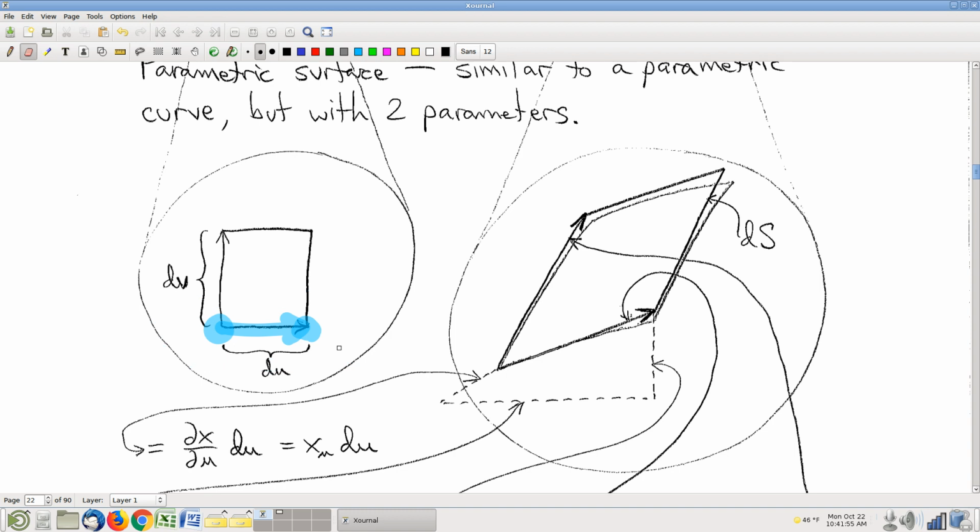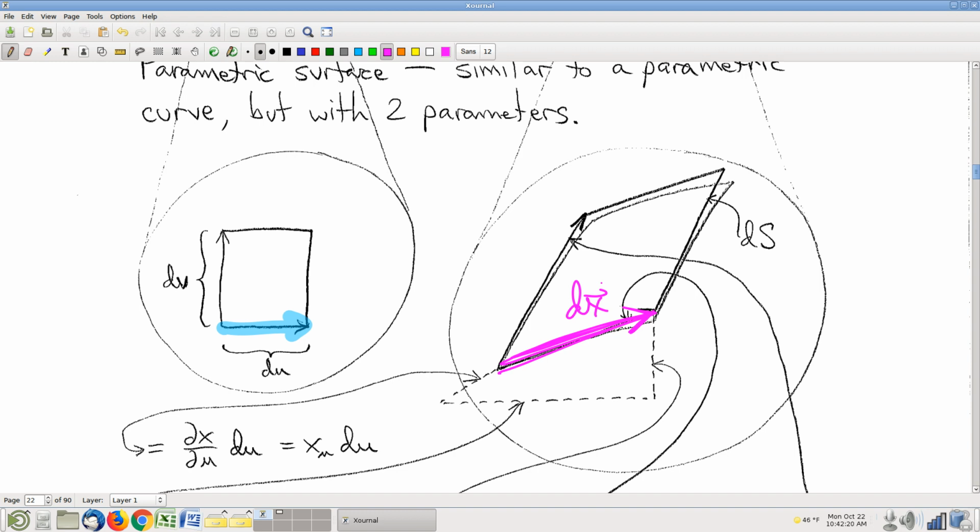So I'm viewing that edge as a vector representing a change in u, and I just want to compute the corresponding dx vector. What is the change in position in the output? If you change u a little bit, that's going to change where I am on that surface by some amount.